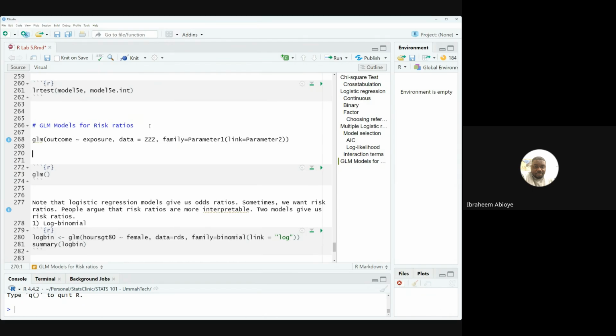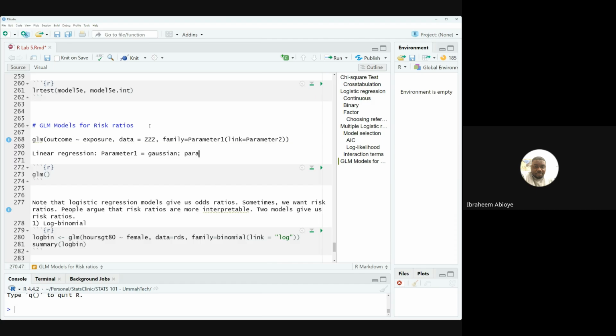And we can change parameter 1 and parameter 2. So in linear regression, which is where we started from, parameter 1 is Gaussian. Okay.